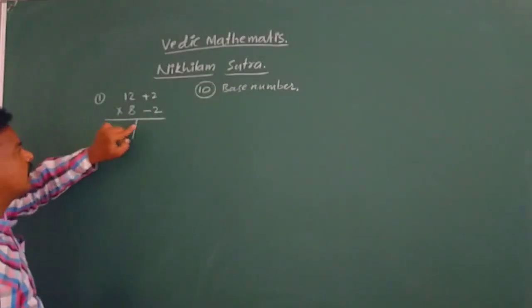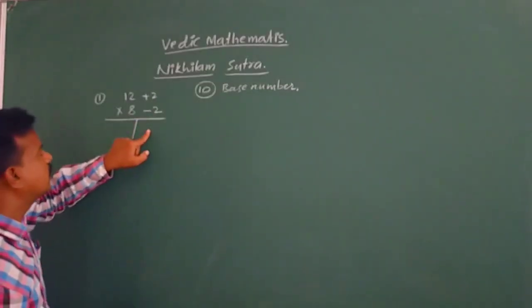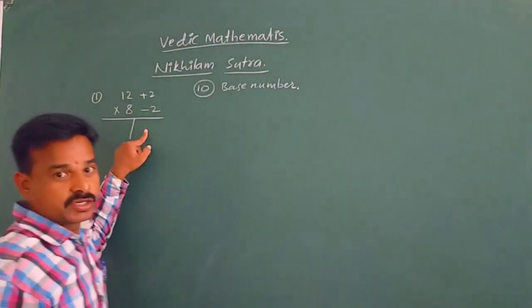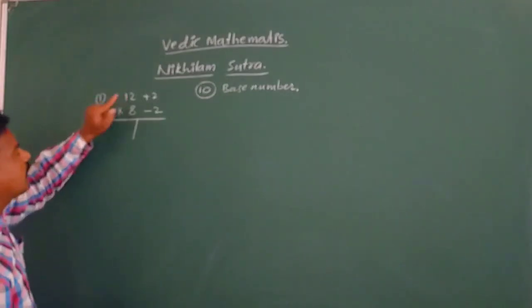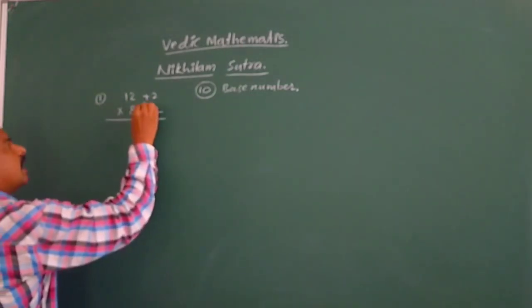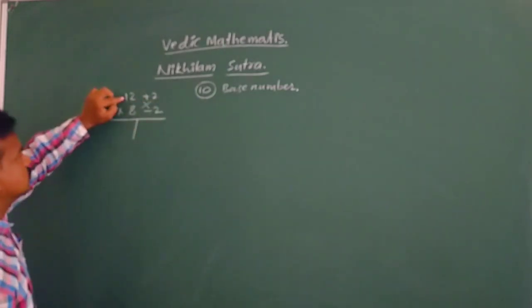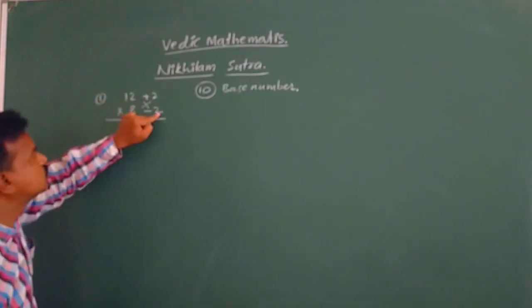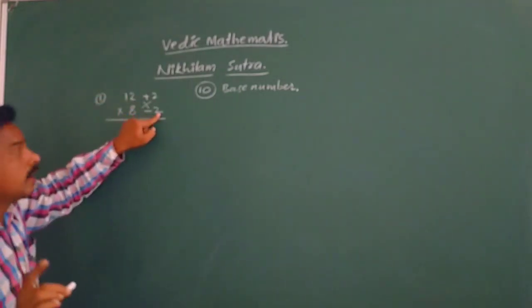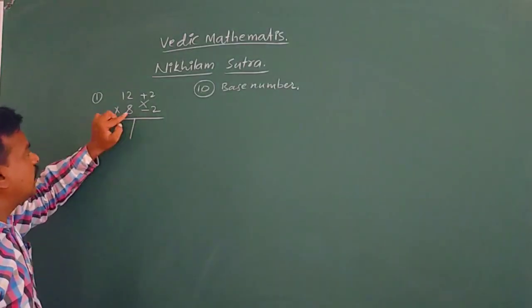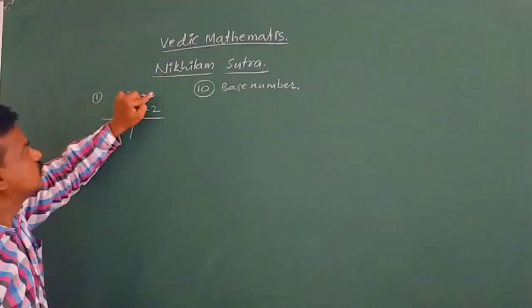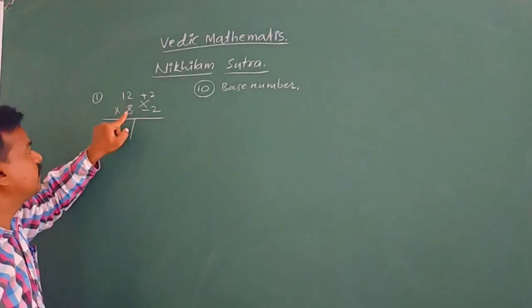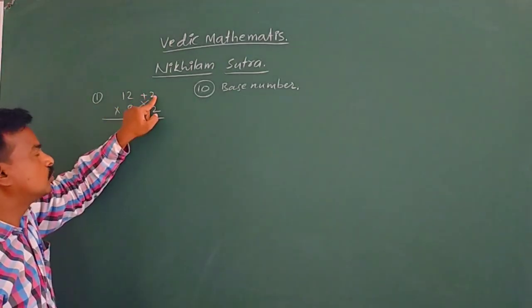Now we have to see the product. The product has two parts: one is the left side part and the other is the right part. The left part we have to write first. We have to do the cross operation: 12 minus 2 is 10, and 8 plus 2 is 10.